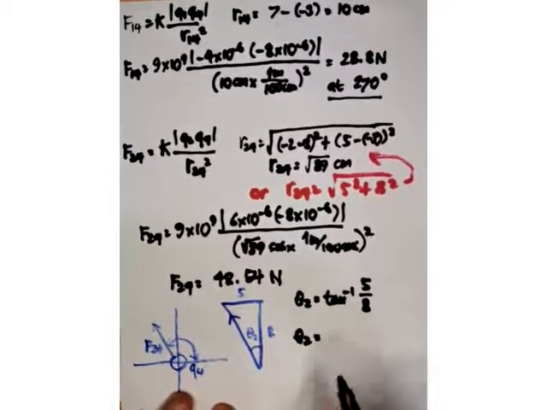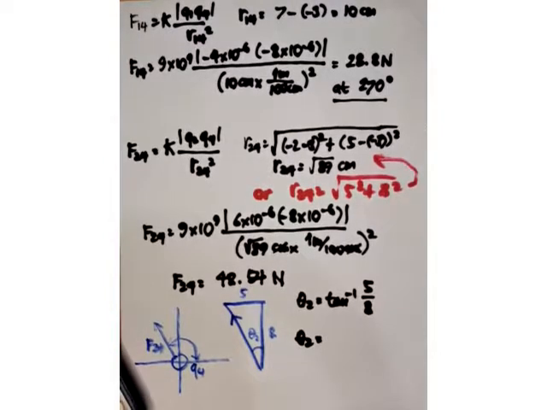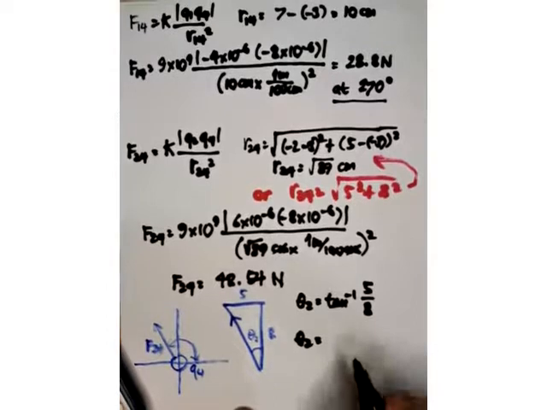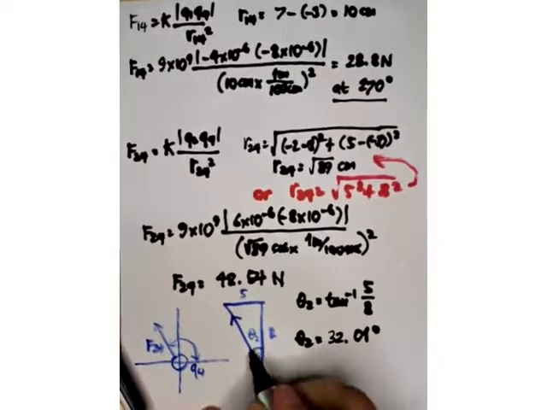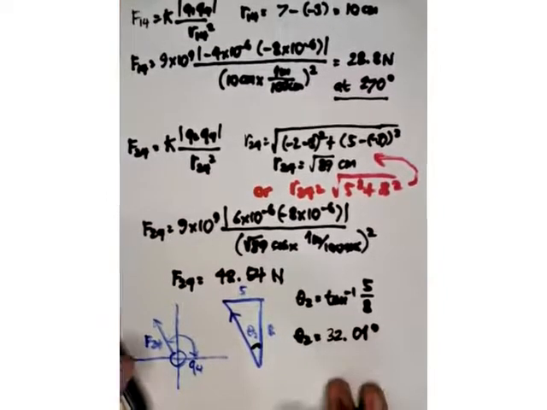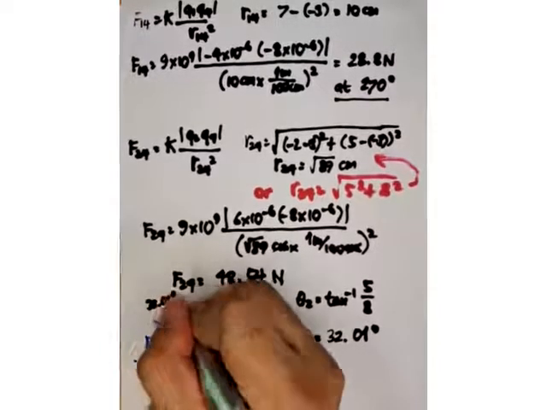Ayan. So, what's theta 2? Wait, naka-radians ako. Don't forget to change your mode to degrees. Ayan. Arctan of 5 over 8. It says 32.01 degrees. Ayan. So that means this angle is 32.01 degrees.